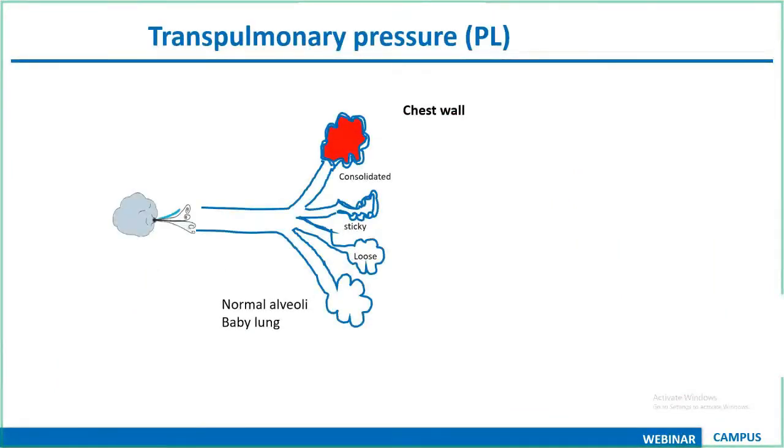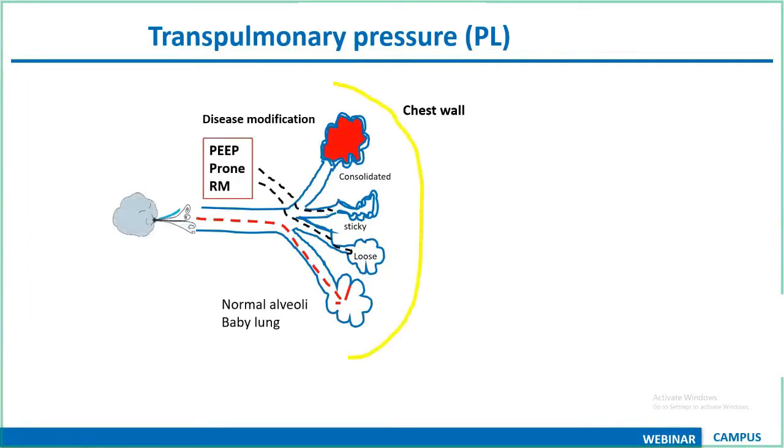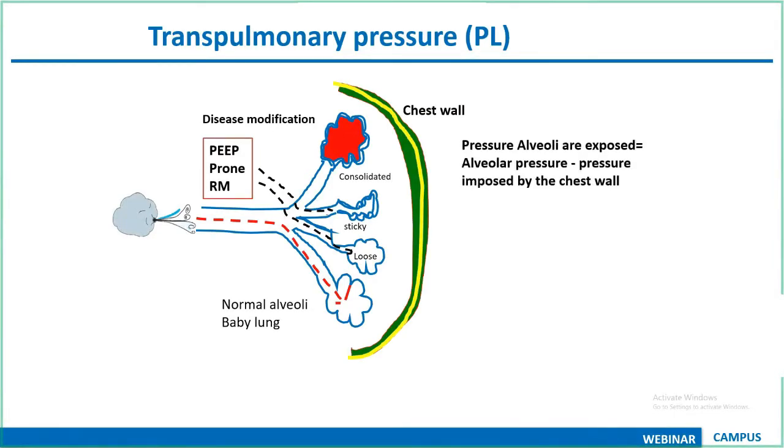And when you are applying the pressure, obviously the pressure will be utilized to distend the alveoli, and again it will also be used to move the chest wall. Okay, so when the chest wall is stiff, obviously you will have to use more pressure to expand the chest, and the pressure to which the alveoli are exposed is equivalent to the alveolar pressure minus the pressure imposed by the chest wall.